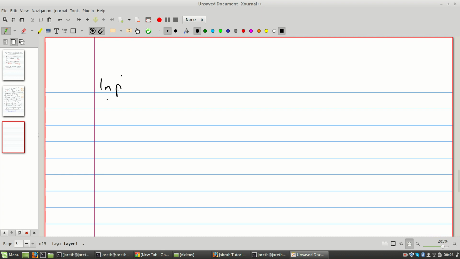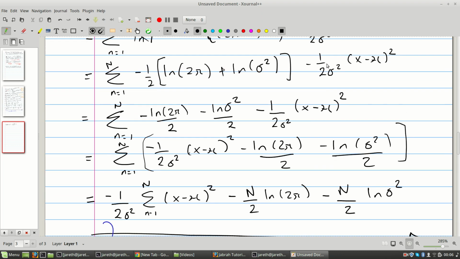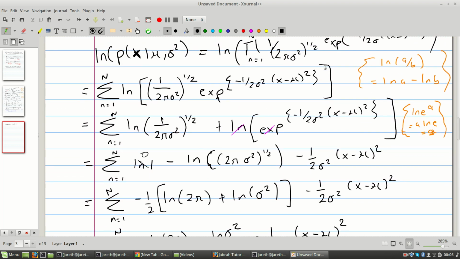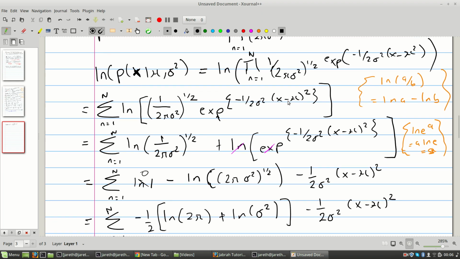So ln p of x, given mu and sigma squared, is equal to minus 1 over 2 sigma squared, summation from n equals 1 up to N of (xn minus mu) squared, which is another thing I had forgotten here, because everywhere you see x, I should not have left that out.